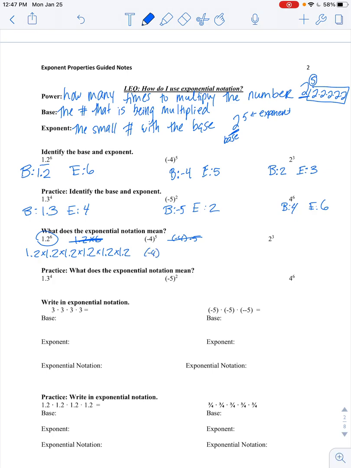That is -4 times -4 times -4 times -4 times -4. So it's -4 times itself 5 times. Then 2 to the 3rd does not mean 2 times 3. It means 2 times 2 times 2. Okay, so go ahead and do your practice. What does the exponential notation mean for 1.3 to the 4th, -5 to the 2nd, and then 4 to the 6th?